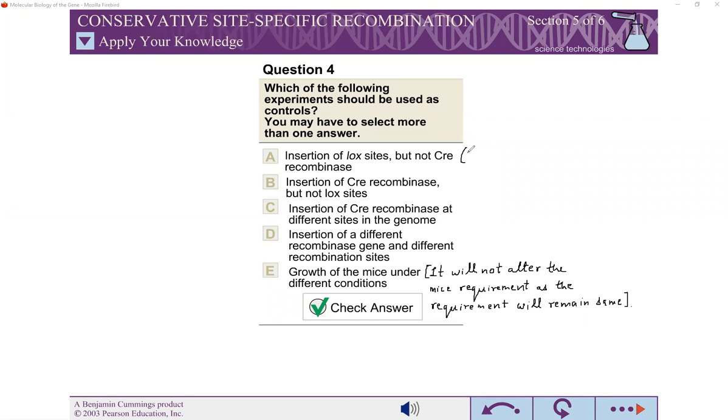Okay, it could be used in order to determine if the recombination occurred by itself or was induced.